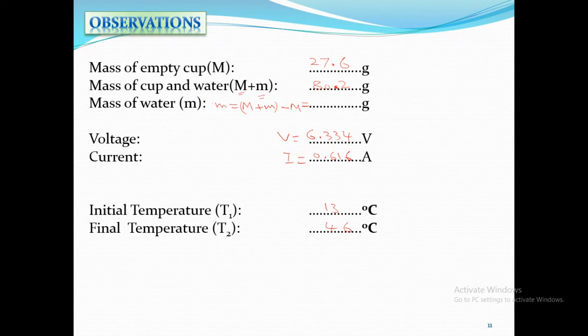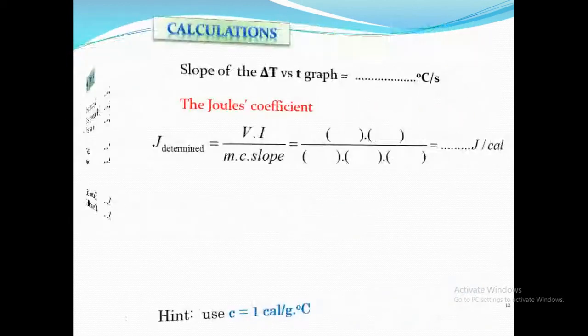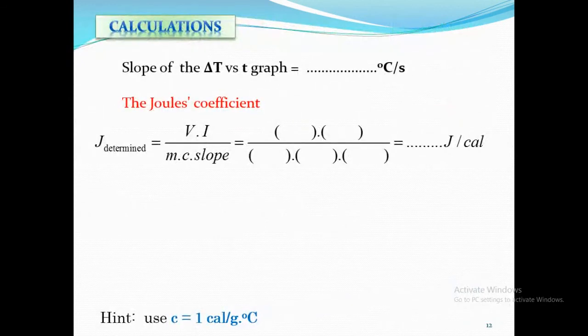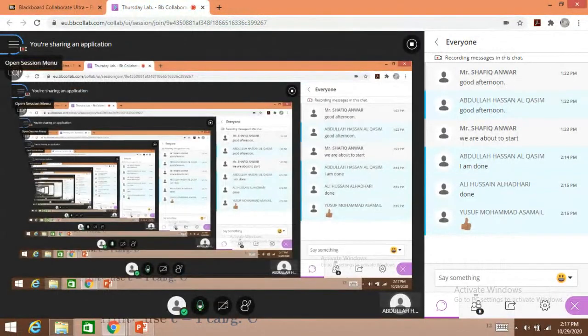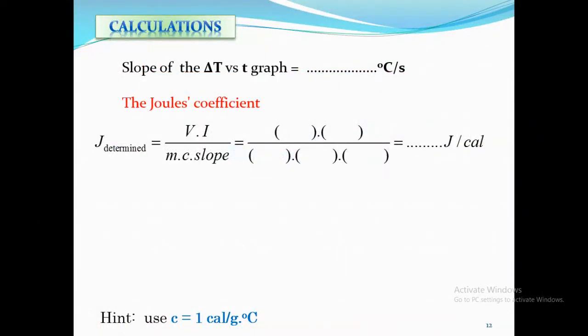Yes, please. Let's move further. The slope we got, what you need to do, as I told you and you have seen in the video also, is select the points in the straight line, press fit and then linear fit. It will give you the slope.